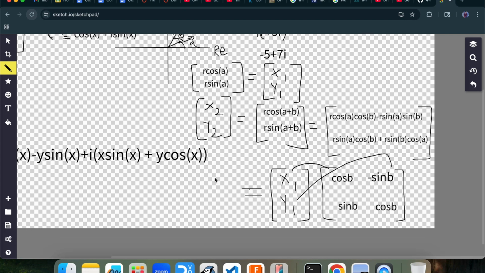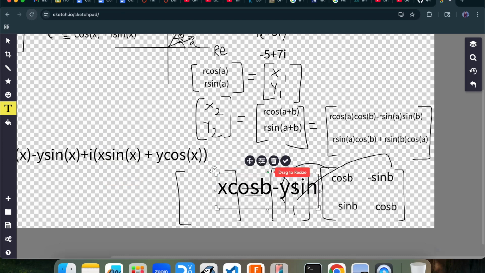I'll just write it on the right then. You get x sine b minus y sine b, I think.